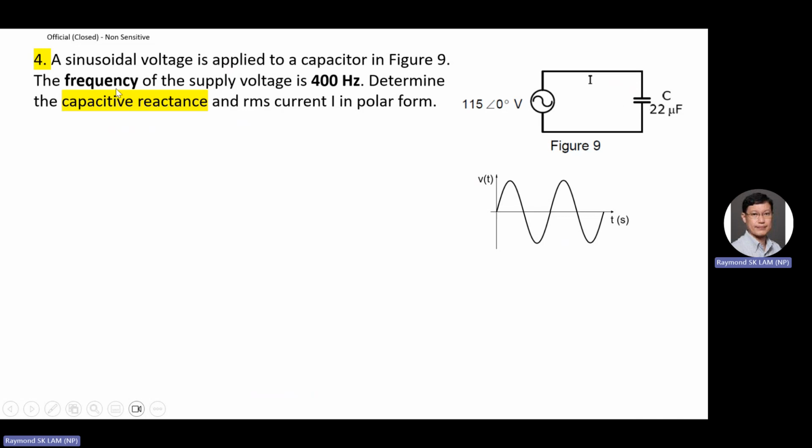Then frequency, as I mentioned already, is important when you want to calculate current and voltage in the AC circuit, and it's given as 400 Hertz. You are asked to determine the capacitive reactance and current I in polar form.